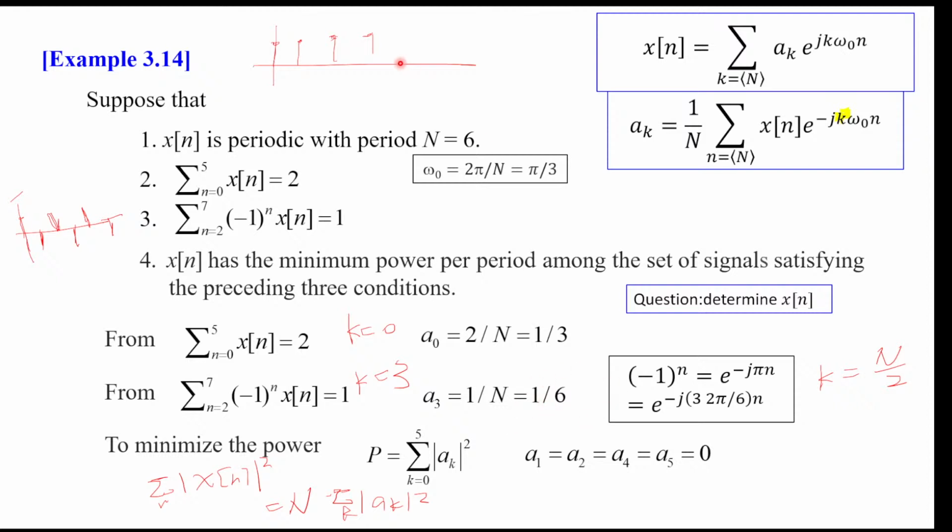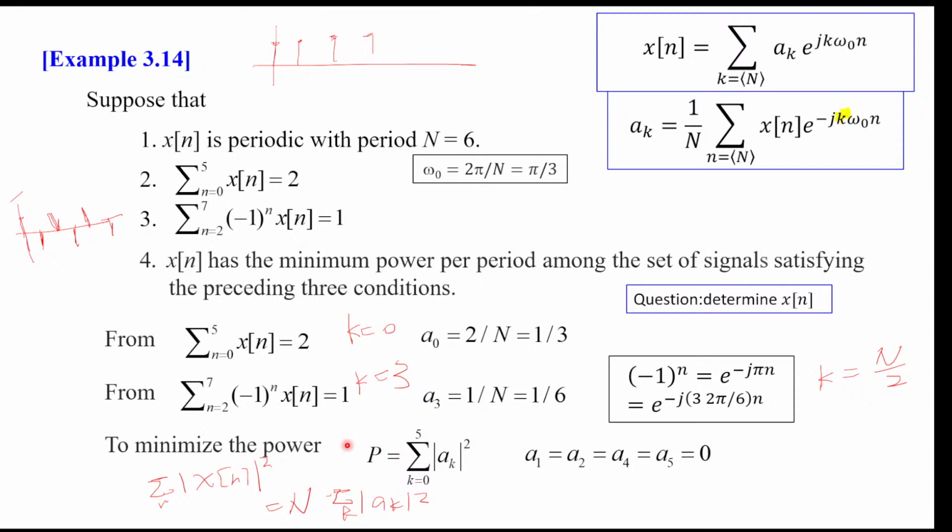Okay, and so this condition tells us A0, and this condition tells us A3. Okay, and then the fourth condition says that we need to minimize power while satisfying those conditions. And here I guess I'll talk a little more.